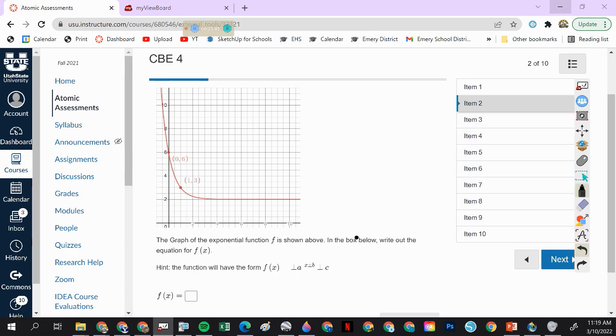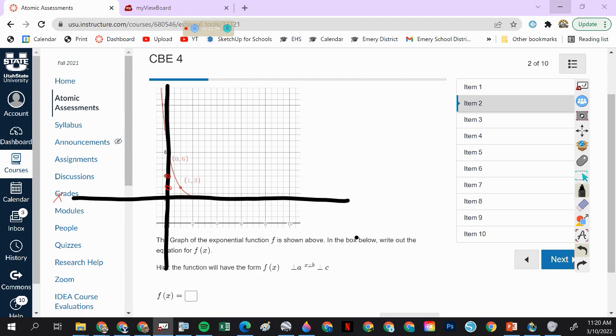Let's pretend that this is my graph right here. What is the equation of that graph? Well, if this is my x-axis, then this would be 1, 2.